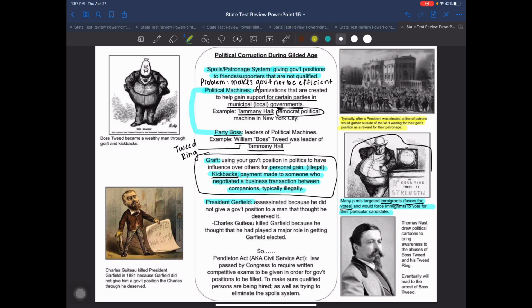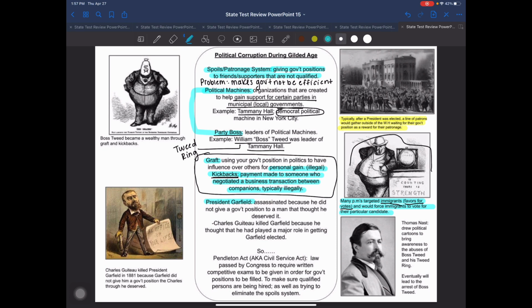So they believe that they are being rewarded for their support of that president. They believe that they played a role in that president being elected. And so they're in line waiting for their job that they are not qualified for.